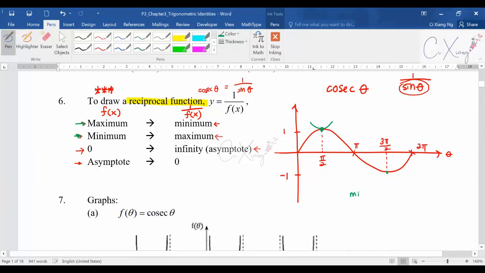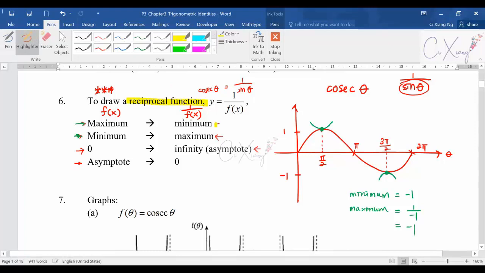Originally the minimum value is -1. When I change it to a maximum in the reciprocal function, it will be 1 divided by -1, so it is still -1. So I will draw a point at -1 here, and it is a maximum point. Therefore, it will look something like this.